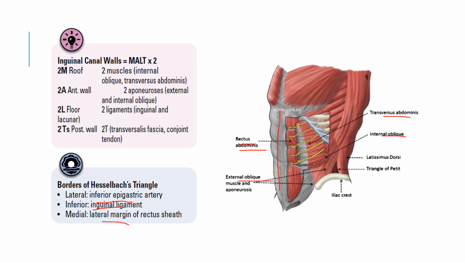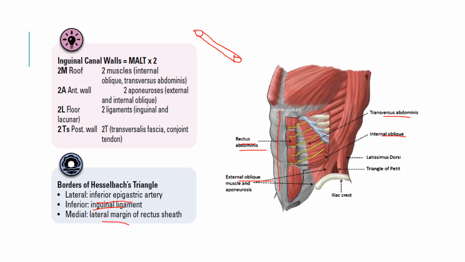So the inguinal canal has two rings. One is a deep ring, another is a superficial ring. Now this is the inguinal canal on the right side, with the orientation a little bit tilted down to the midline.